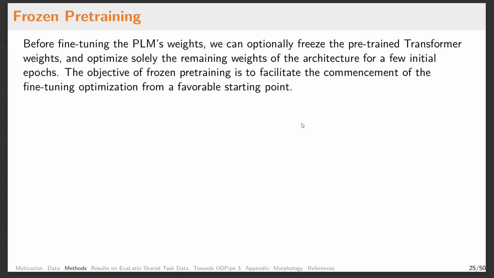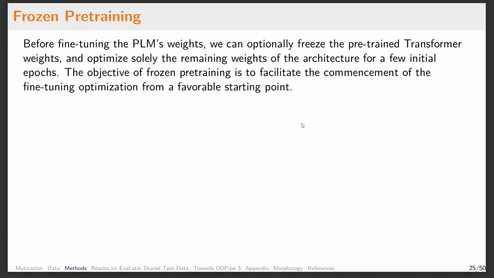Now some interesting incremental improvements to the architecture. If you remember the figure, there was the green part, that was the BERT, and then the purple part, these were the heads. And what you can do is completely freeze the weights of the pre-trained language model, the green part, and not update the weights in them.